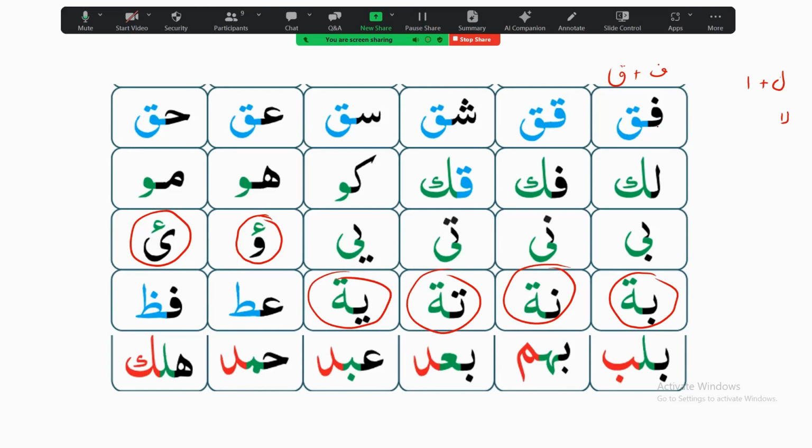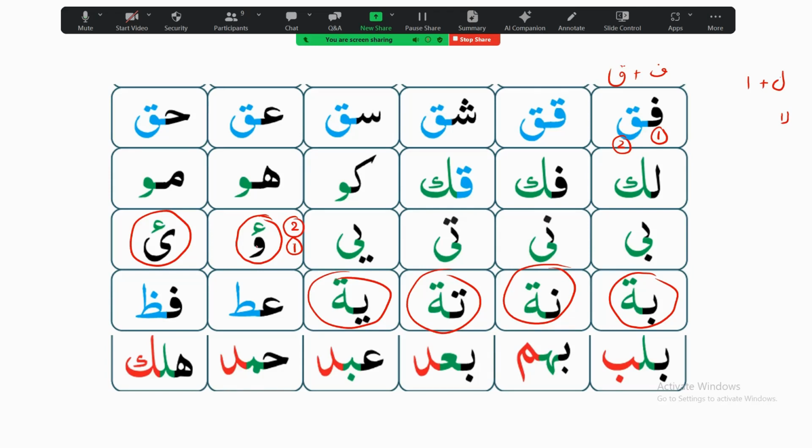The first letter was in its own position and the second one was attached next to it, right? But in this case, there is one letter, and on top of it there is another one. So the sequence is kind of changed. For the other ones, one letter comes and then the next one is joined to it. But for this one, there is one letter and on top of it there is another one.